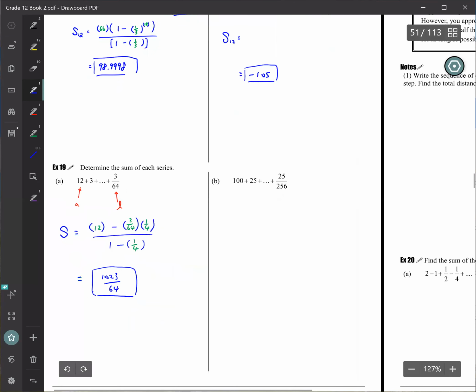This time by yourself. Same as before. So S equals. You type that in by yourself and we'll check. I see someone already finished.